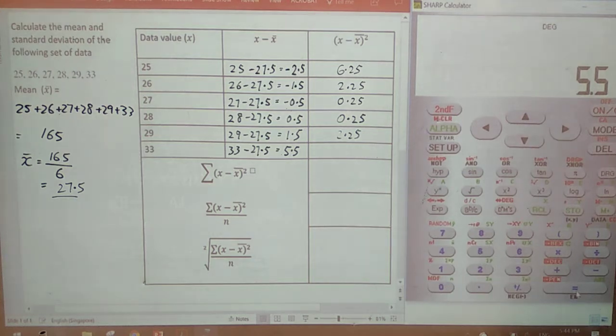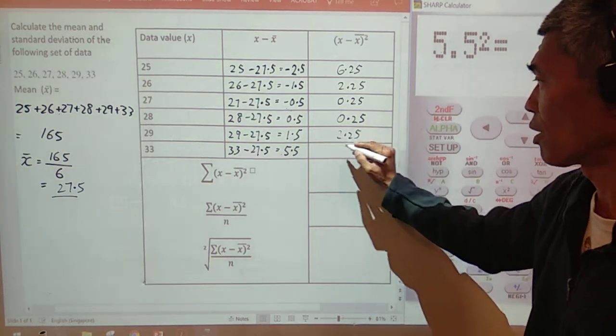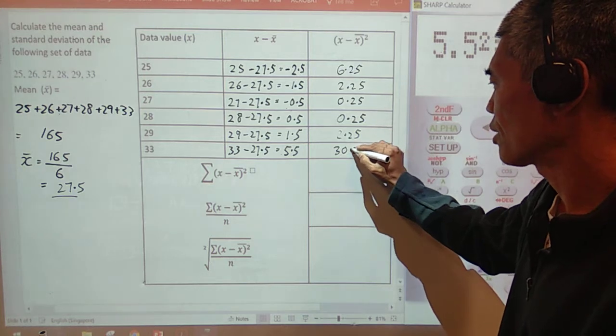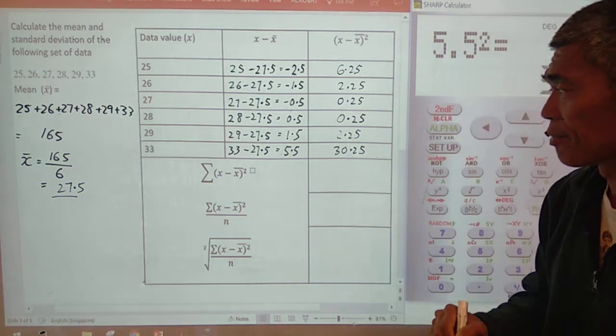That will give us 30.25, and that is a very large square.